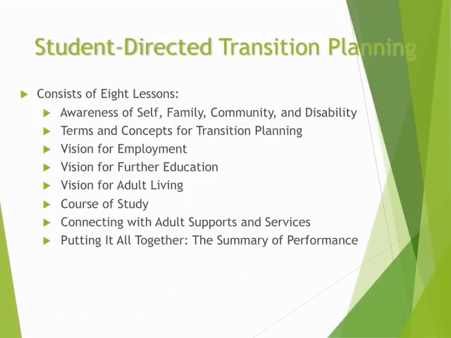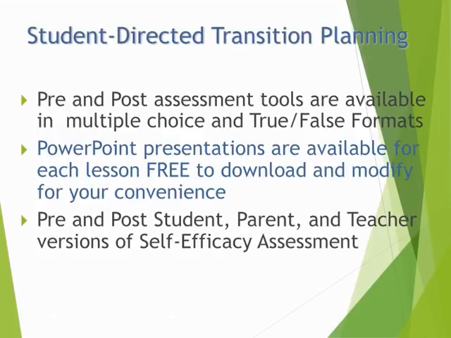The student-directed transition planning curricula consists of 8 lessons addressing many different components of self-determination. There are pre- and post-assessment tools for all participants: students, parents, and teachers. The PowerPoint presentations are in PowerPoint format so that you can download those and modify them for your population or for your students.